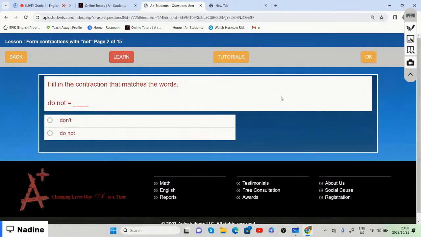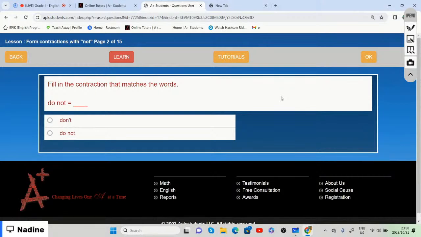Fill in the contraction that matches the word do not. Is it don't or is it do not? Yes, wasn't is correct. So do not.